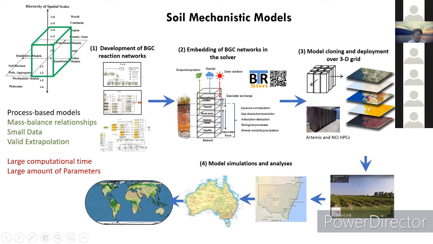Using this kind of mechanistic model, we can actually run it spatially. That means you can run it not just at one location, not just as a representation of one field, but at representations of different fields, right? So what do we mean?